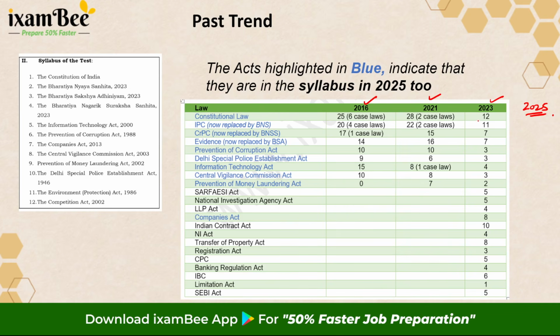In 2023, the syllabus was expanded. Despite that, the highest number of questions you could see come from the Constitution. So yes, the Constitution is one of the most important topics, followed by the 3 criminal laws, which are now replaced by the new criminal laws.